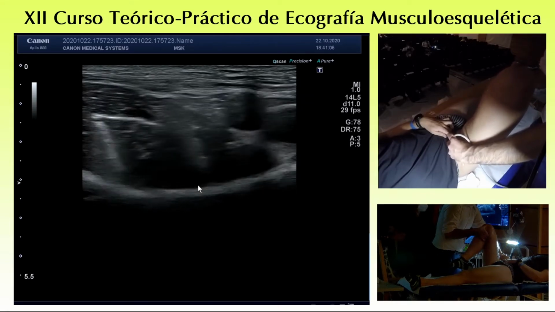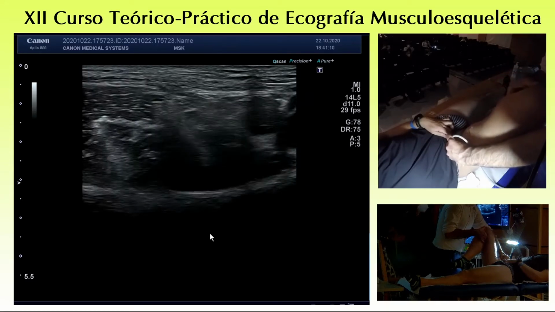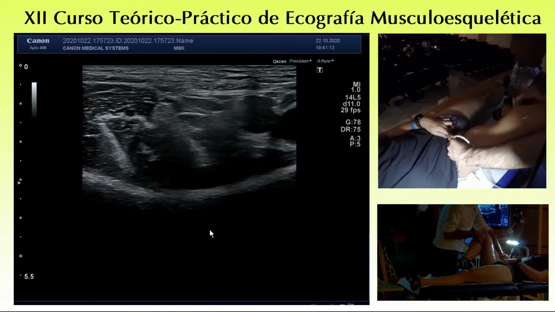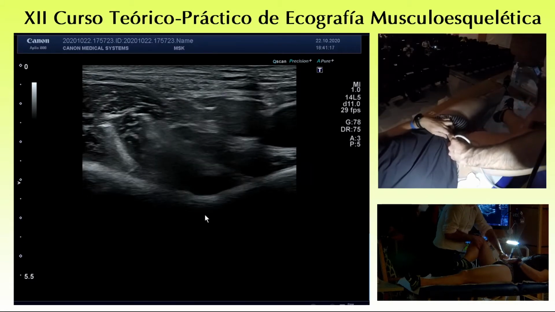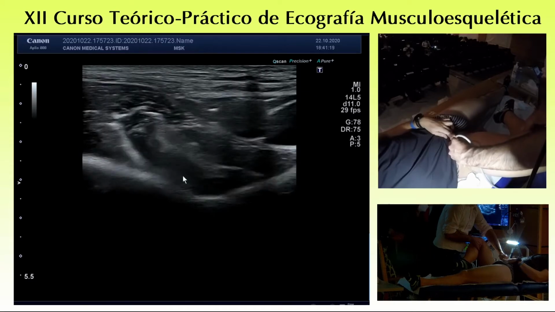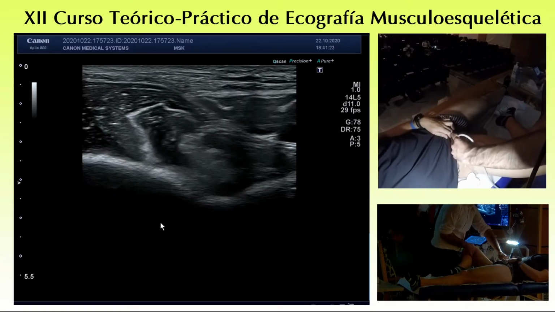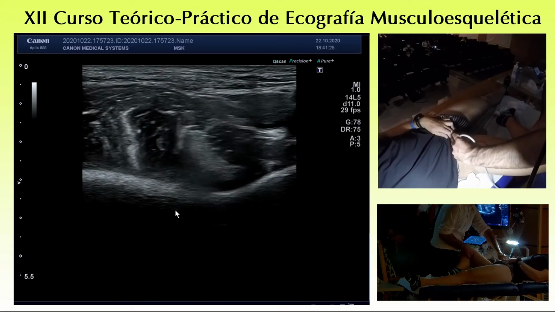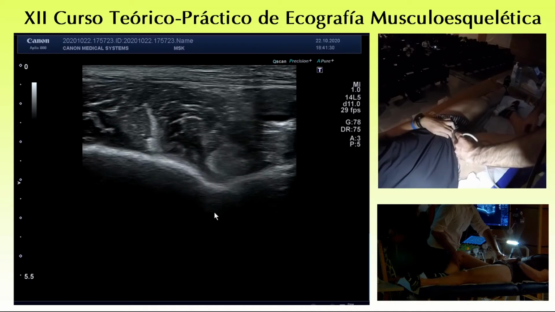You see this point. When you have this point, you start, always keeping the tendon as echogenic as possible, to abduct, externally rotate, here, exactly here, and then relocate to the neutral position.